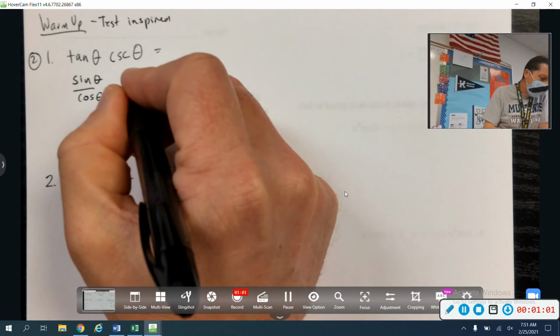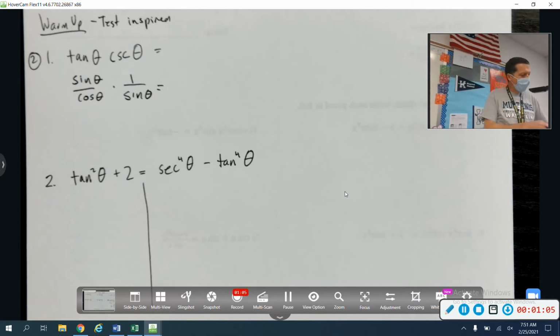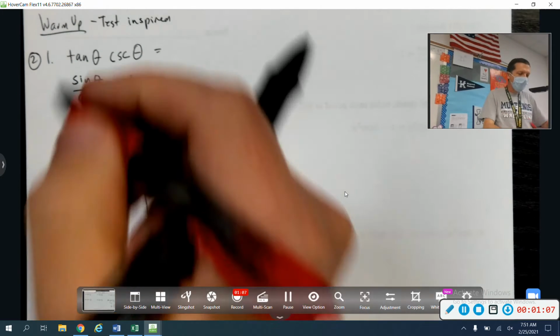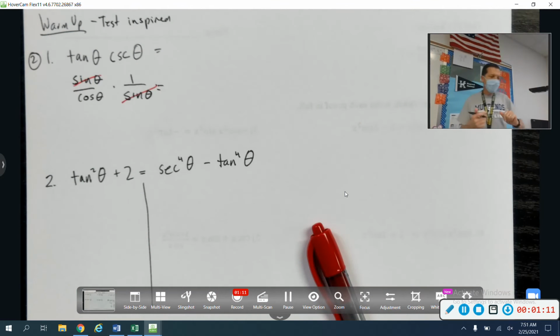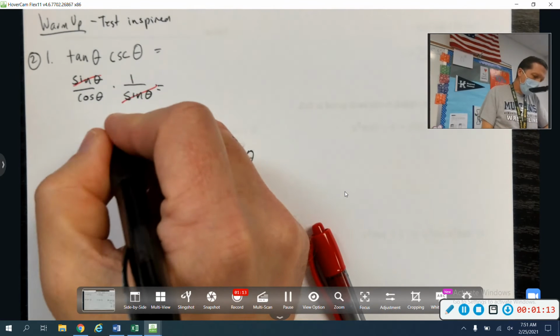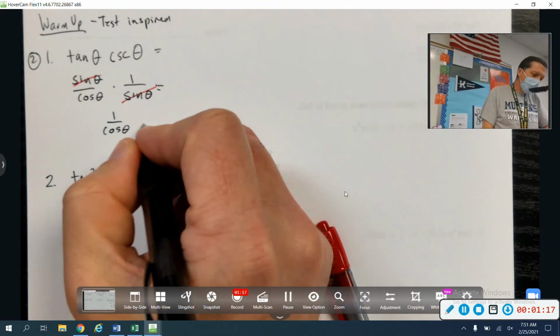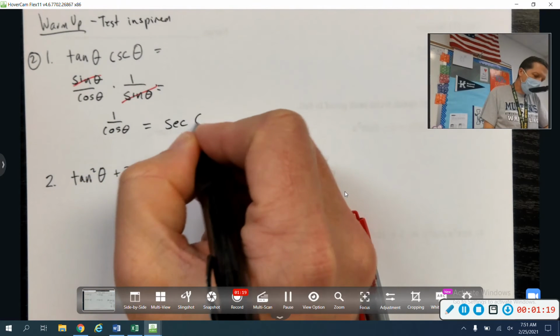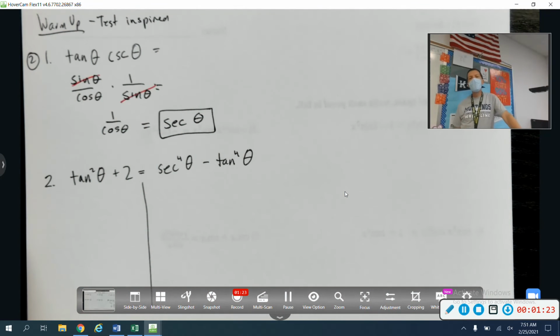I know that cosecant is 1 over sine. And then hopefully as soon as you write that down, you have a little bit of an aha moment of, oh wait, the sines will cancel. That's good news. That simplifies things a little bit. Then I'm left with 1 over cosine. But 1 over cosine is secant. So the most simplified answer out of that one would be secant.